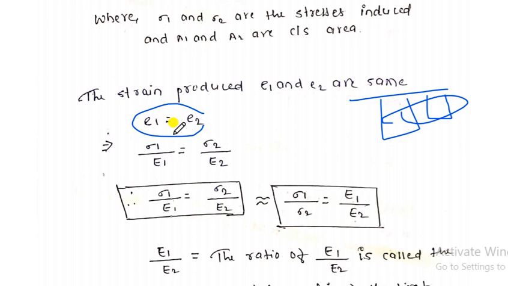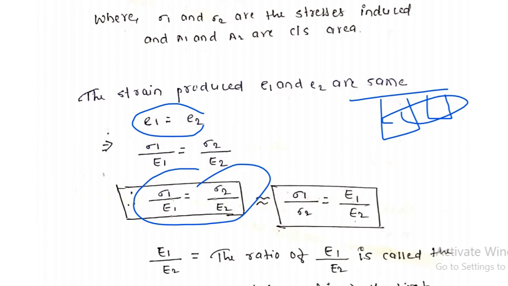So we can say that the strain in bar 1 is equal to the strain in bar 2. As you know, my dear friends, strain is nothing but stress by Young's modulus. Similarly, the strain in bar 2 is sigma 2 by E2. So from here we can say that sigma 1 by E1 is equal to sigma 2 by E2. This is the formula you need to understand for solving the numericals.